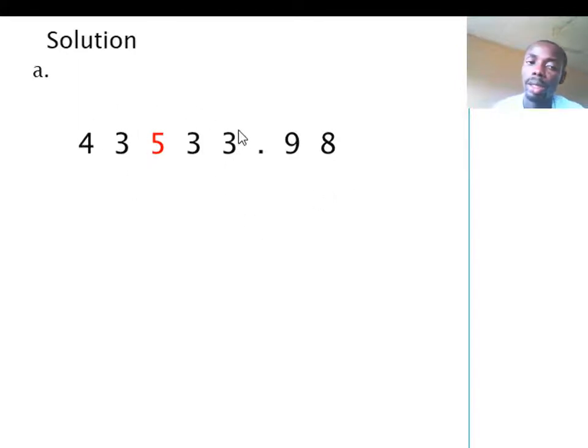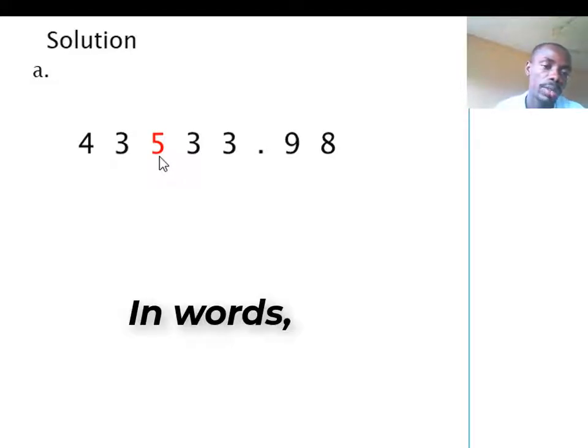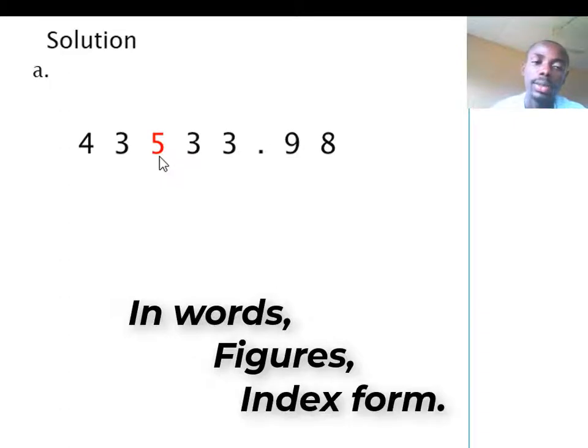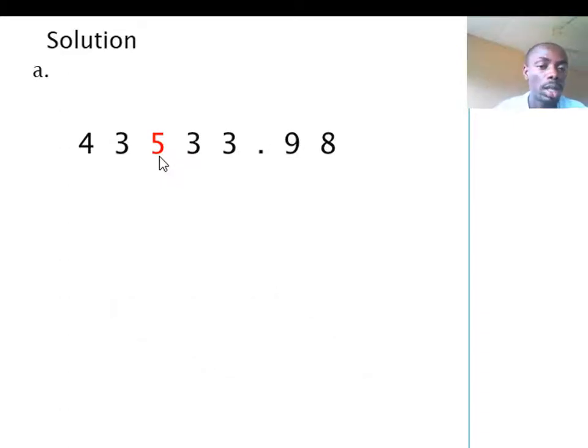In this number, we want to find out the place value of 5, writing it in words, in figures, and in index form. Now, why all this? OBJ, objective questions, or what we call multiple choice questions, might be tricky at times. Options can come out in different ways. You may be asked to write your answer in index or words or in figures. So when you see your answer in the options, you should be able to identify which is your answer.